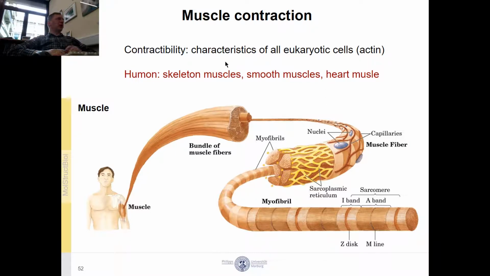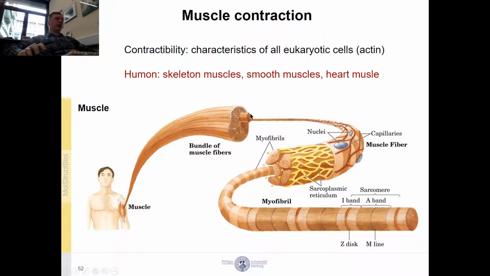the actin network. In humans, we have different types of muscles: skeletal muscle, smooth muscle, and heart muscle, three major types. There's, of course, subclassification of the muscle fiber types in skeletal muscles, fast and slow fibers, but that doesn't matter. We see here this explosion, a bundle of muscle fibers.